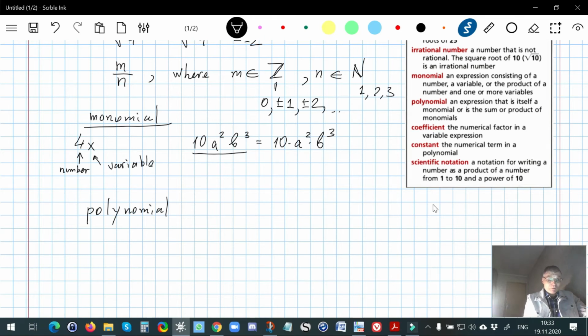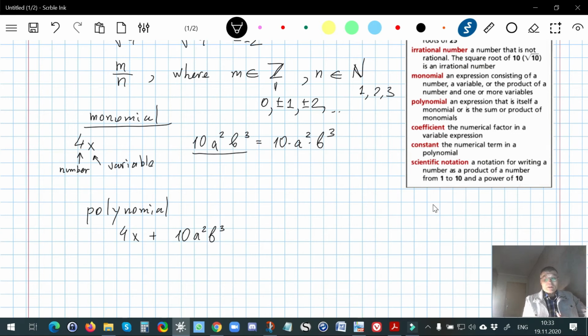For example, both examples in the previous item are polynomials. But when we add them, 4x plus 10a squared b cubed, this is a polynomial.